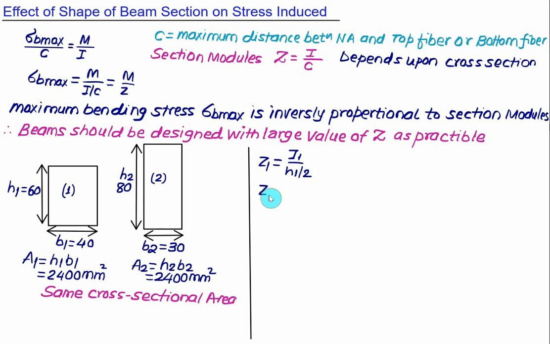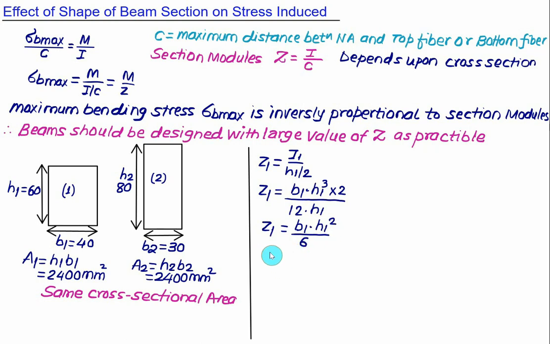So we have Z1 equal to I1, which is b1 into h1 cube divided by 12 for the moment of inertia, and in addition we have h1 divided by 2, so 2 and 12 become 6. So we have Z1 equal to b1 into h1 squared divided by 6.